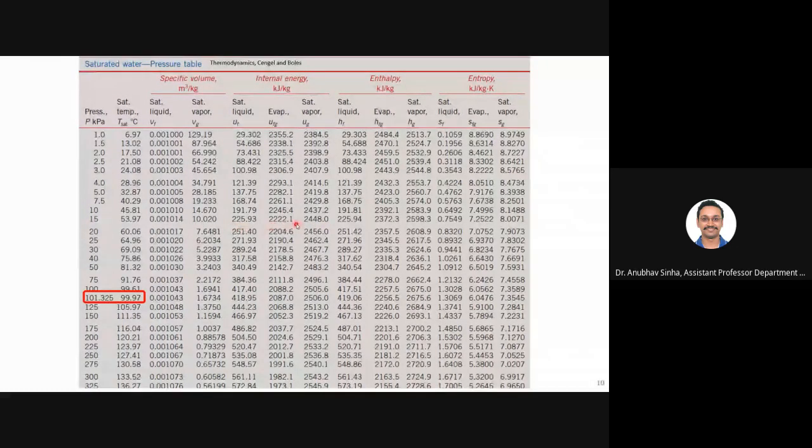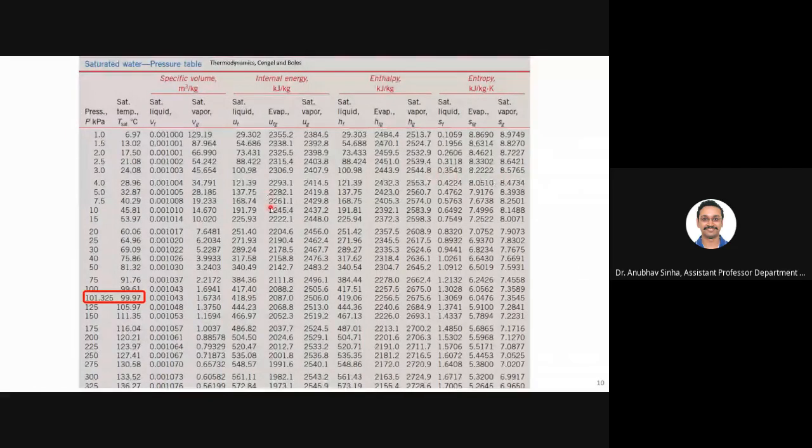This is how it is defined. Similarly, for enthalpy and entropy, we have hf, hg, hf for liquid, hg for vapor, and hfg, the difference between them, which is the evaporation enthalpy. Then we have sf for liquid, sg for vapor, and sfg, which is the difference between these two.